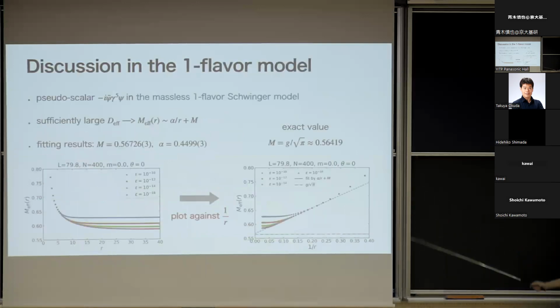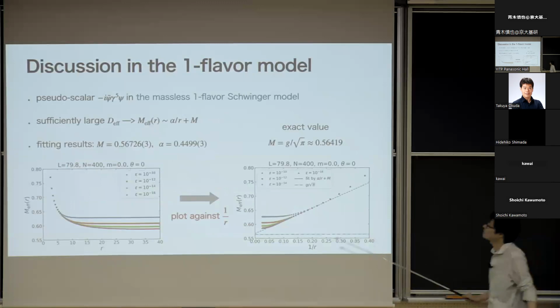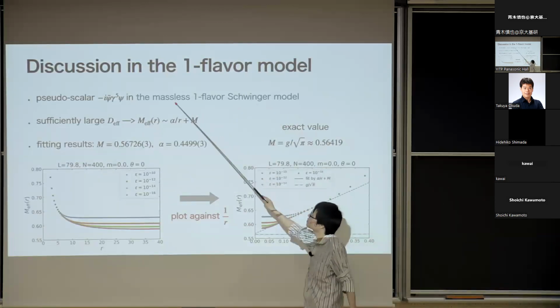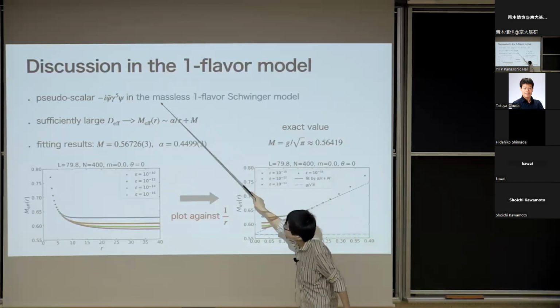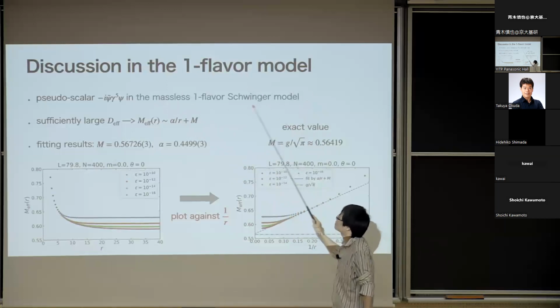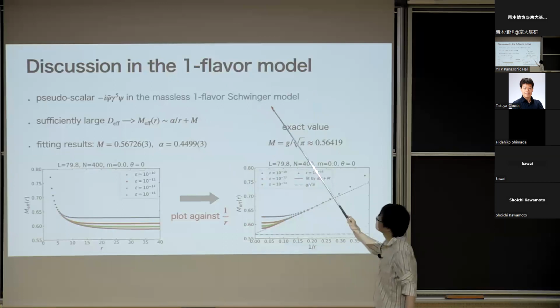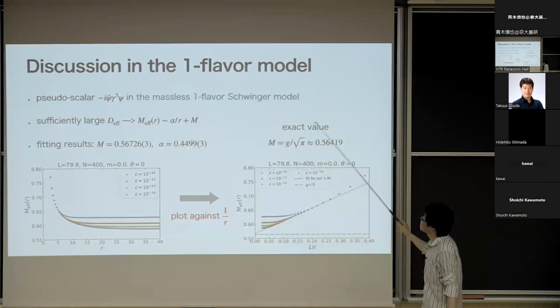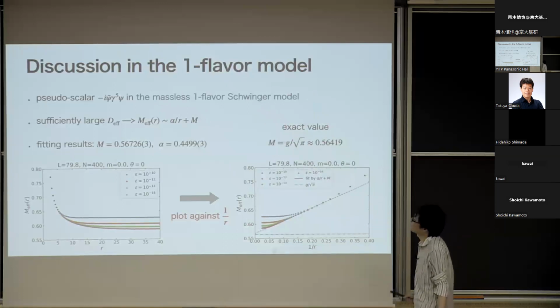Based on this fact, let me study the massless one-flavor Schwinger model. This model is exactly solvable, and we know the exact value of the mass of the composite particle.